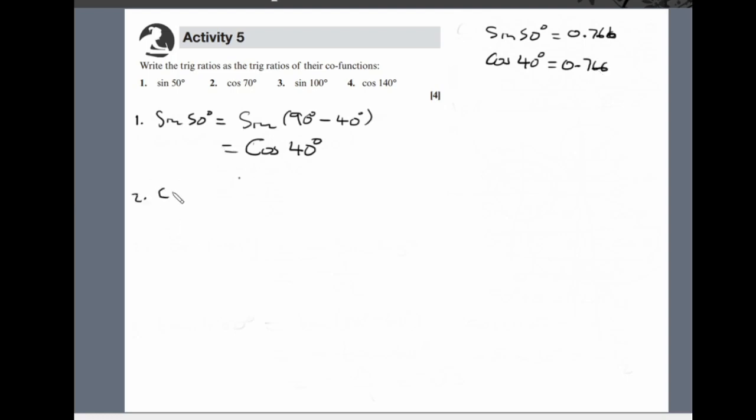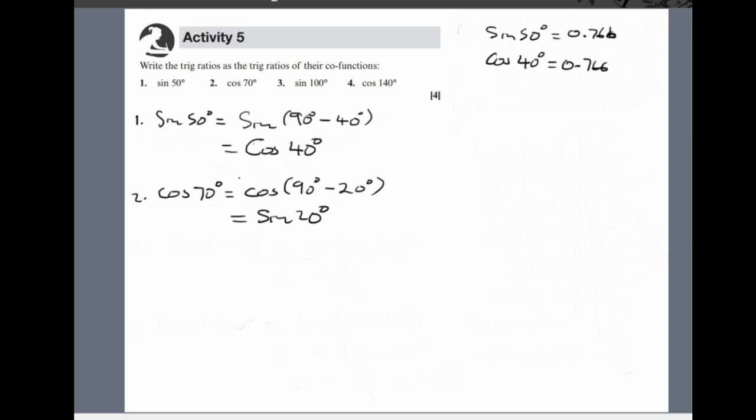Number 2, cos 70 is the same as saying cos of 90 minus 20. 90 minus 20 is in the first quadrant where cos is positive, so this will be sine 20. Again, on your calculator, cos 70 is 0.342, and sine 20 is 0.342.